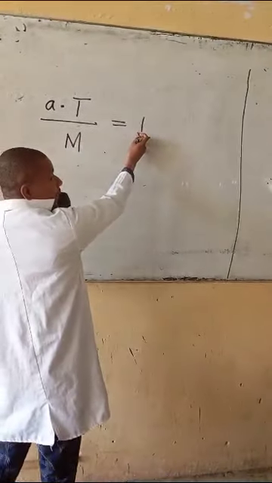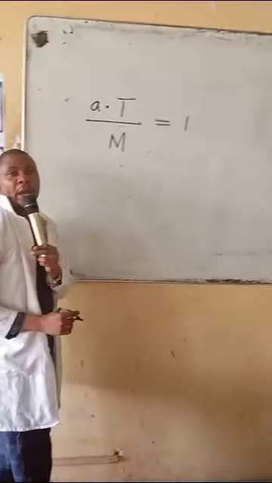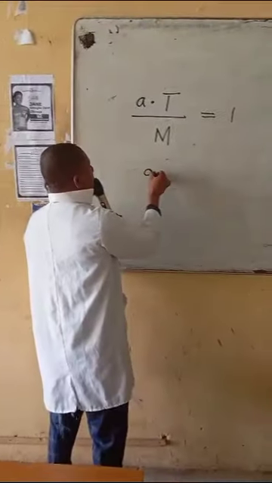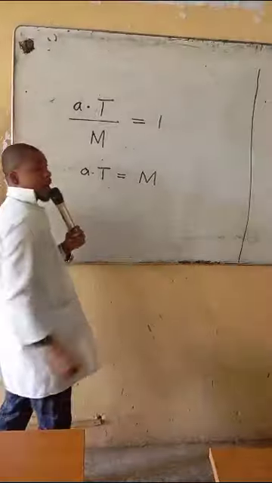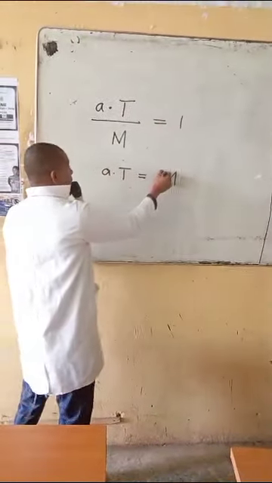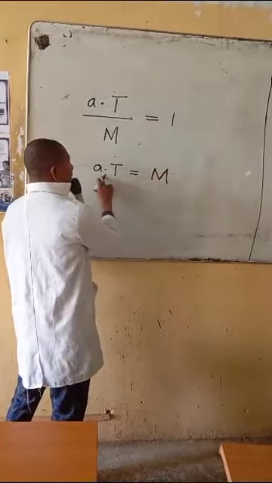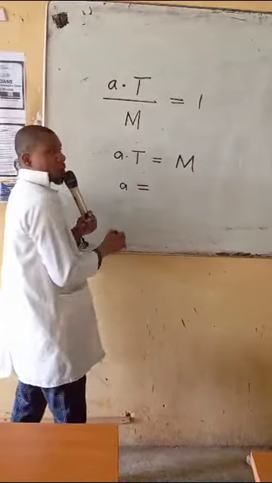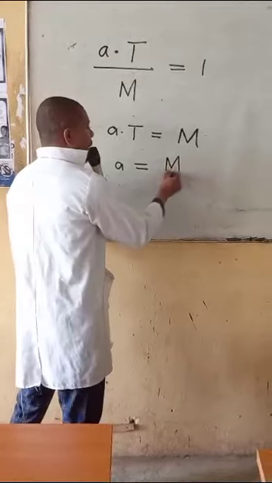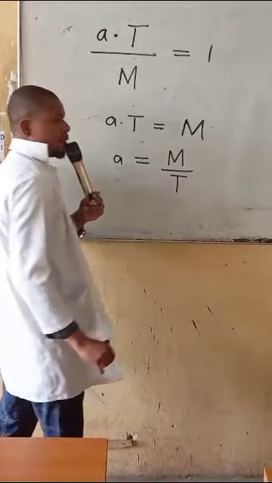When you cross multiply this, you will have a multiplied by t is equal to m. If this is equal to m and I want to get the dimension of a, it means that a is equal to m over t.